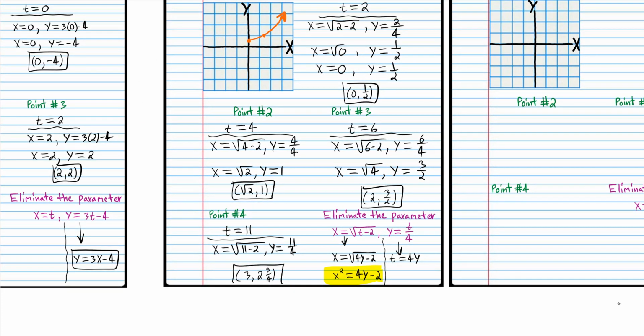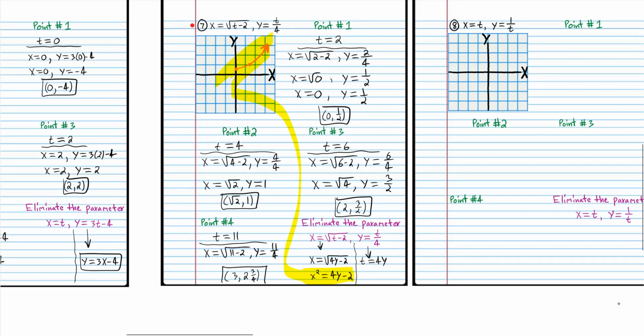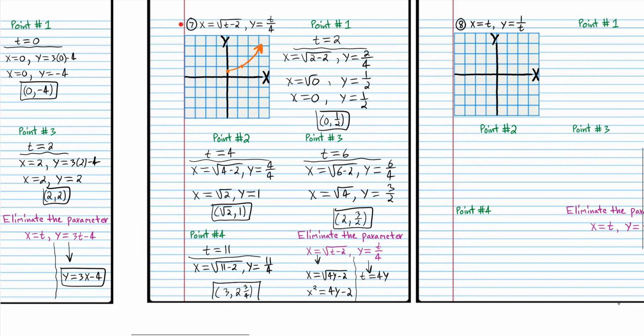But here's a very important question that we need to consider. Why is there only half of the parabola? Why is the parabola cut in half? Well, again, that's because your parameter is limited. t cannot be less than 2. And so what that means is that your x value cannot be less than 0. 0 is the smallest possible x value.